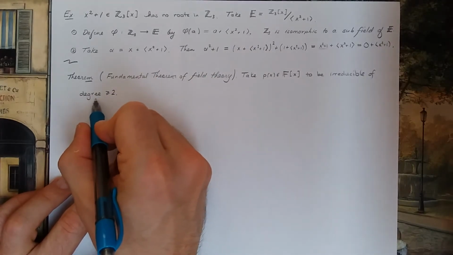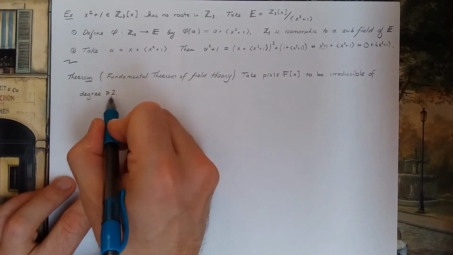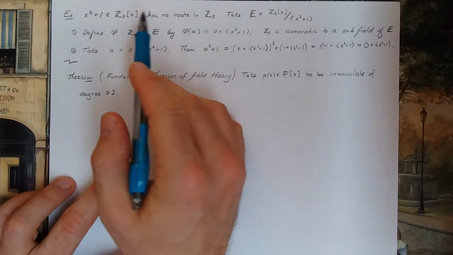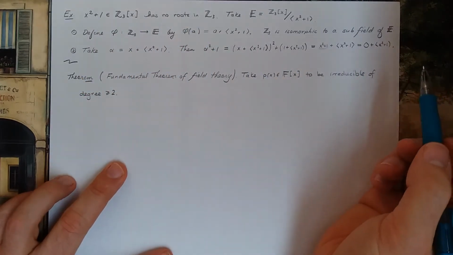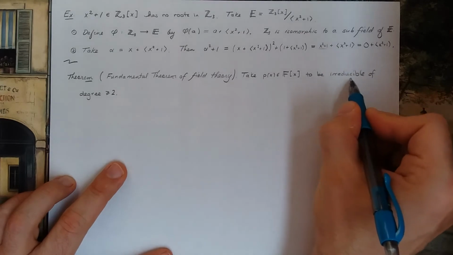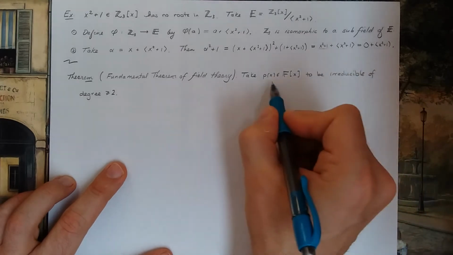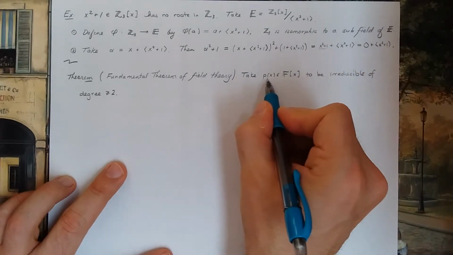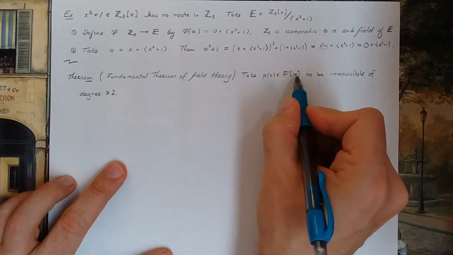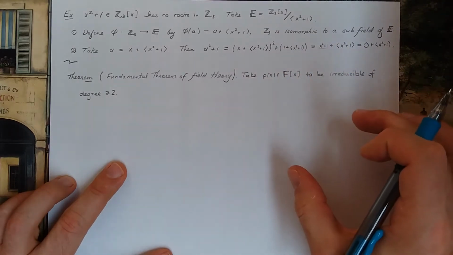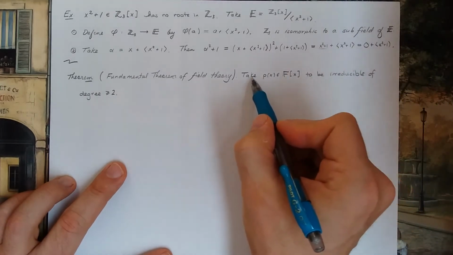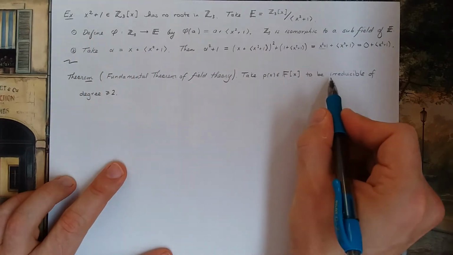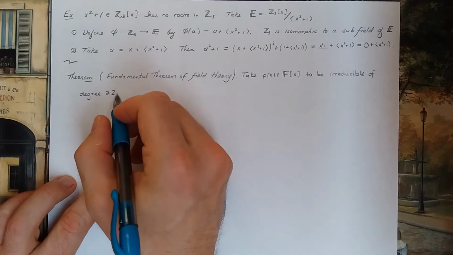I didn't really care to take a polynomial of degree 1 because every polynomial of degree 1 will have a root. And I took it to be irreducible because if I have a polynomial that does not have a root in my field, I could always break it into irreducibles that don't have roots in that field as well. So without loss of generality, I'm going to take p to be irreducible of degree 2.